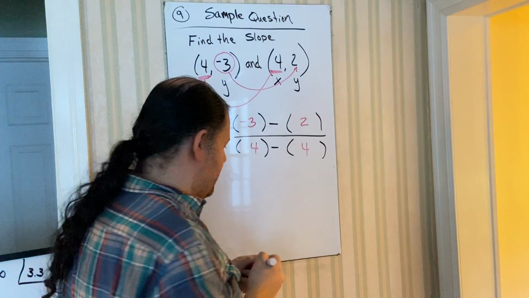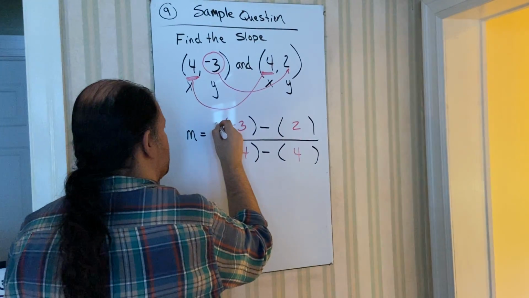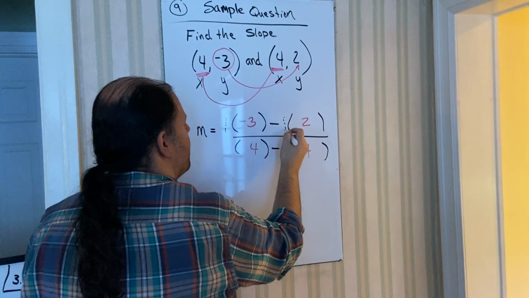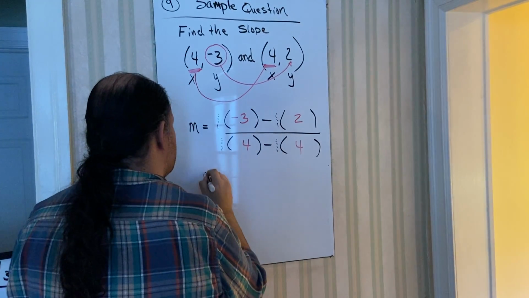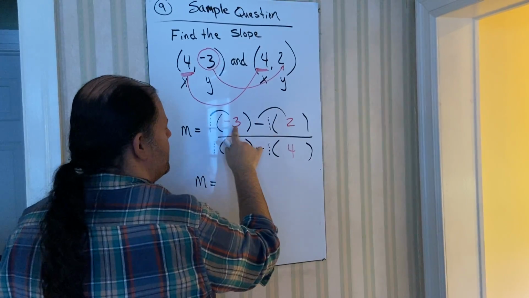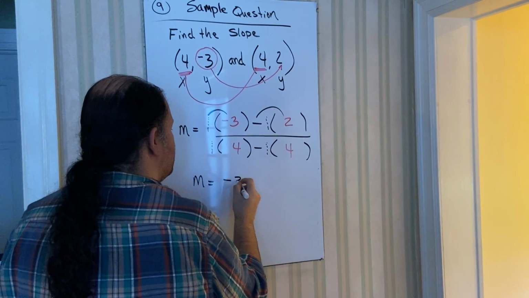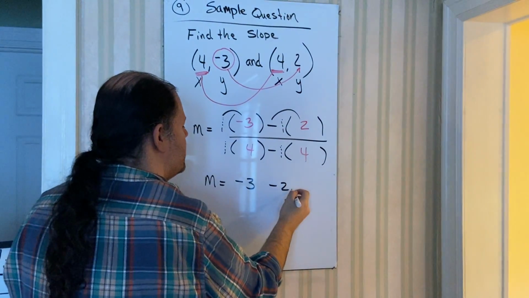But if you didn't know that, let's simplify. Put in your little ones. Distribute so that we can get rid of the parentheses. So this and this, we're going to get -3. This times this, you're going to get a -2.